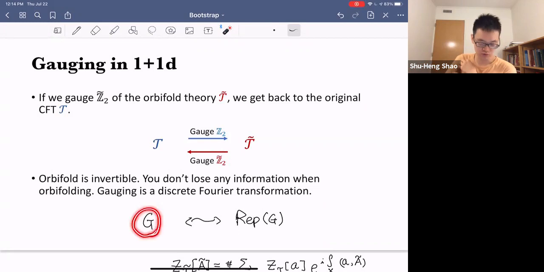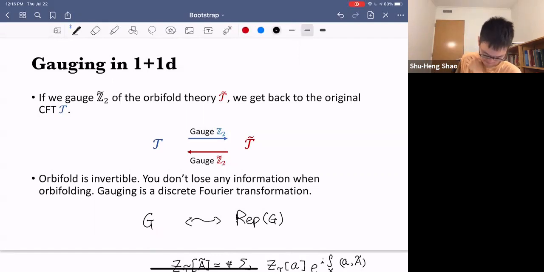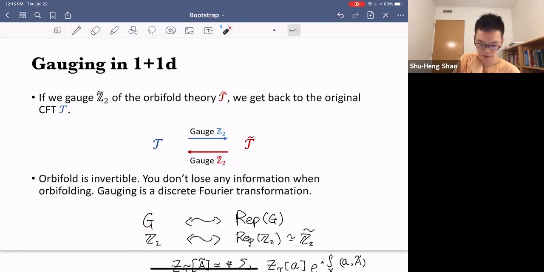If you gauge a Z2, what are the representations of Z2? There's a trivial representation, there's a sign representation. And the representation ring of Z2 is again Z2. And that's the way to think about the quantum Z2.